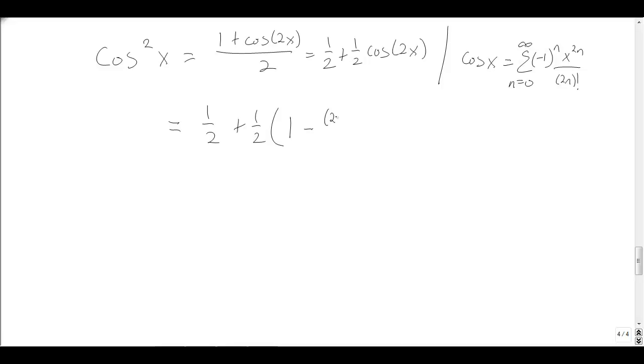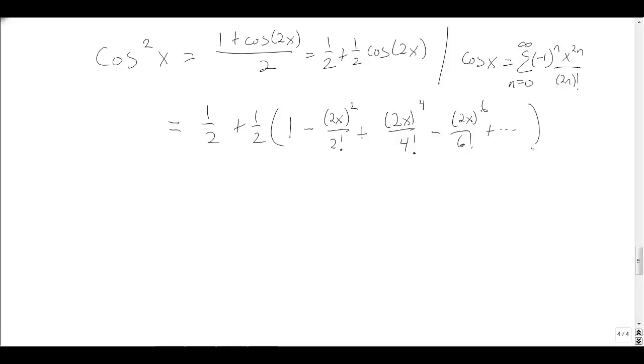It should be 2x squared over 2 factorial. Plus, next one will be 2x cubed over, no, not cubed. Next power is 4 over 4 factorial. And let's do a minus 2x to the 6th over 6 factorial.